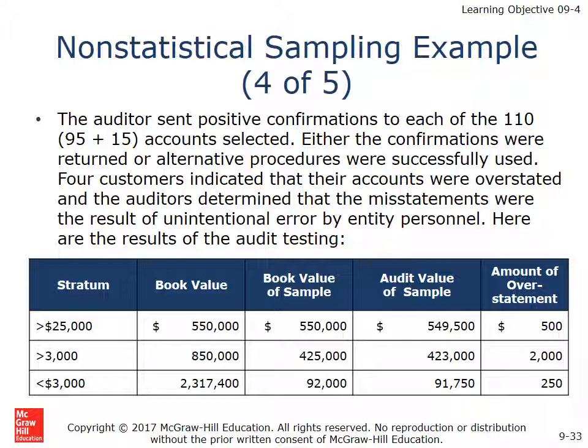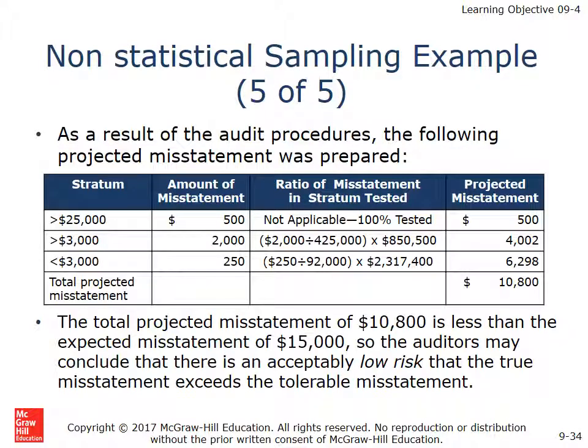Here are the results. You see the book value of each, the audit value of each, and the amount of overstatement. Our audit value is lower than each book value. As a result of the audit procedures, the following projected misstatement was prepared.